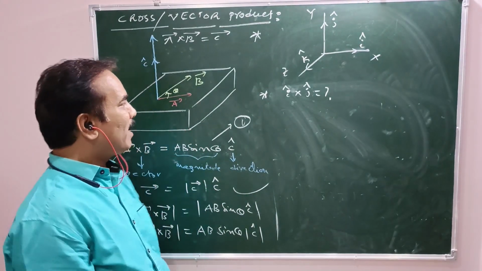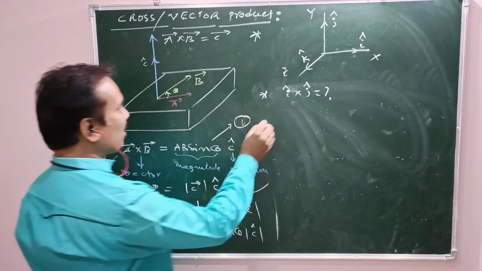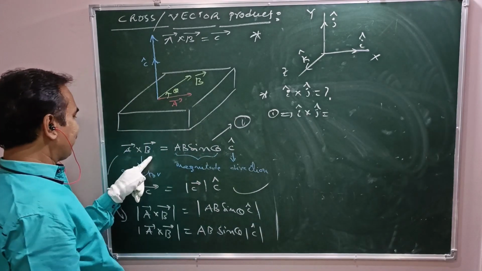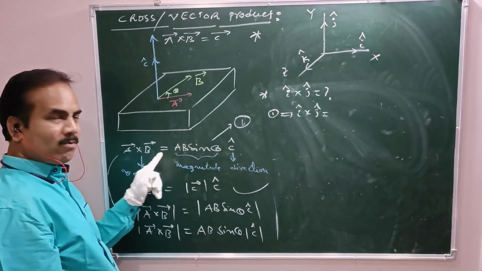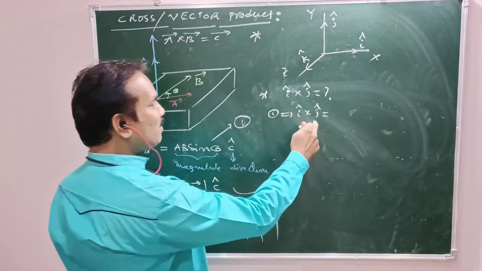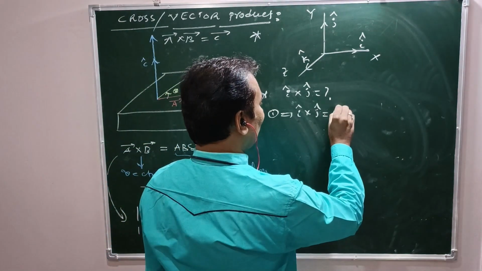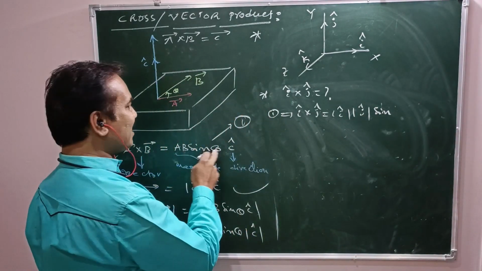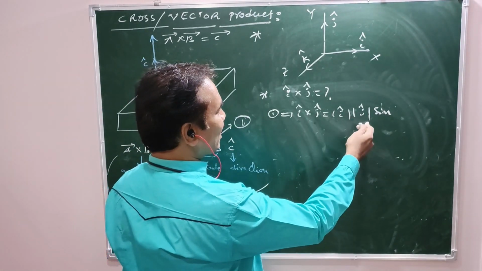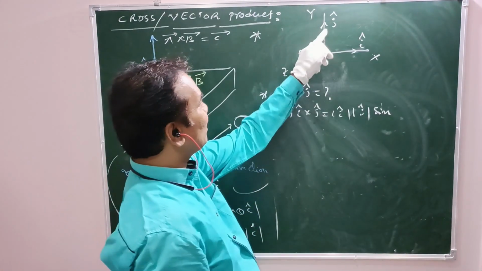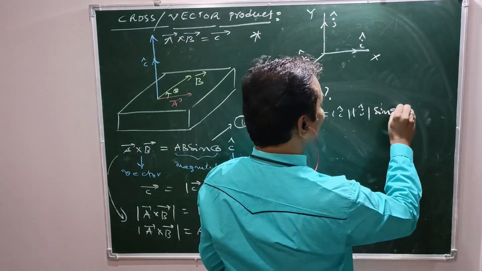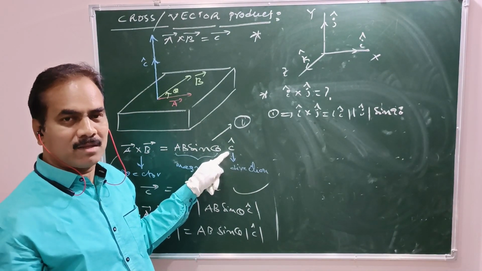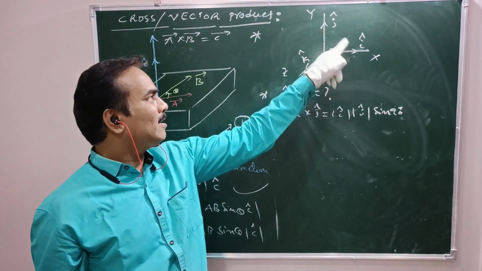Compare here: A bar cross B bar equals AB sin theta into C cap. A means mod I cap, B means mod J cap, into sin theta. What is the angle between I and J? 90 degrees. Into C cap.